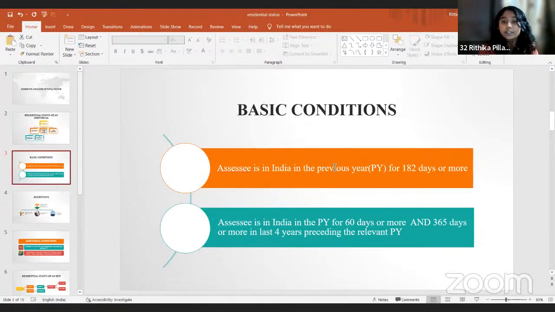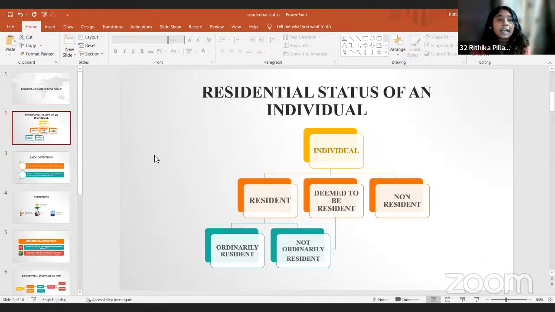So the last 4 years before 2021-22, he needs to be in India for 365 days. If he fulfills any one of these conditions, then he will be considered a resident. If he does not fulfill any of the above conditions, then he is a non-resident.